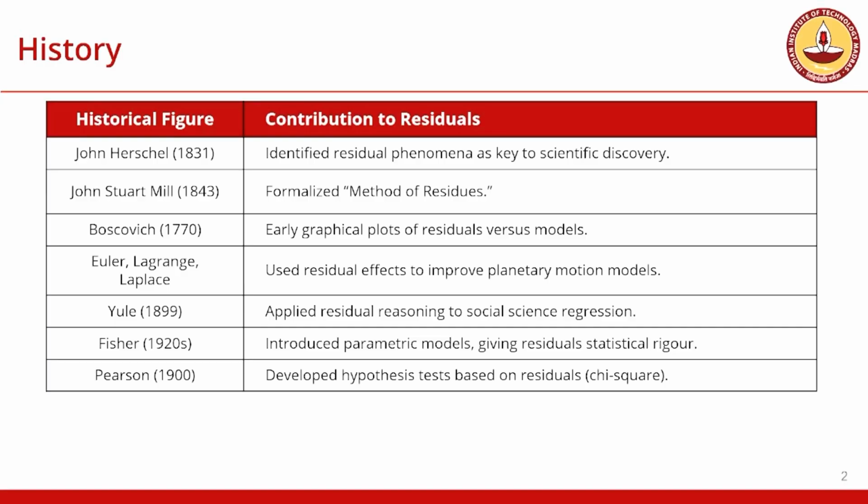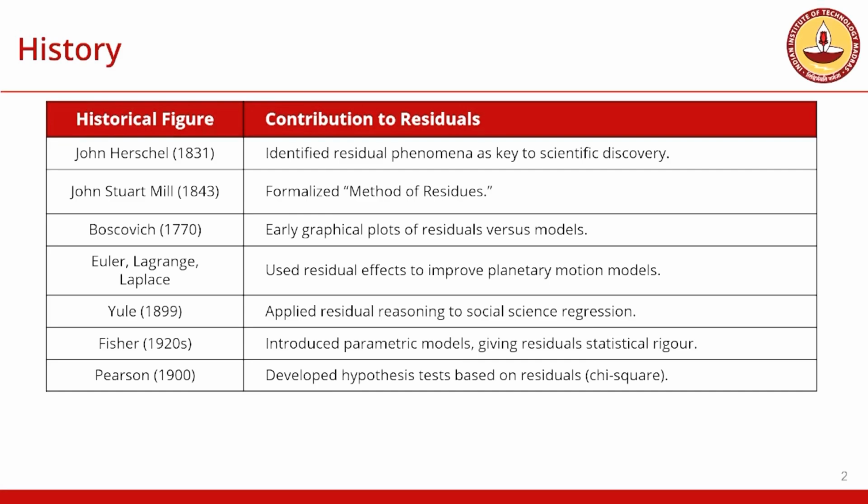The concept of residuals found early practical application in the physical sciences as well. For example, in the 18th century, scientists sought to determine whether the earth was a perfect sphere or not. They measured arc lengths along different latitudes.